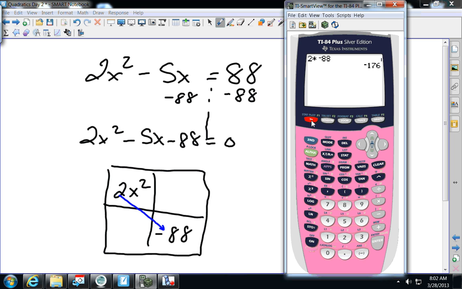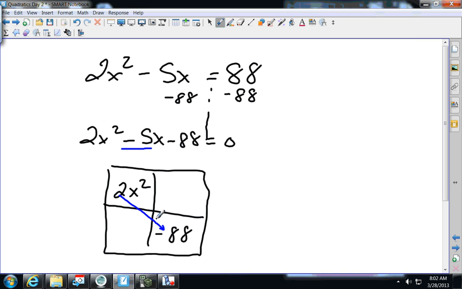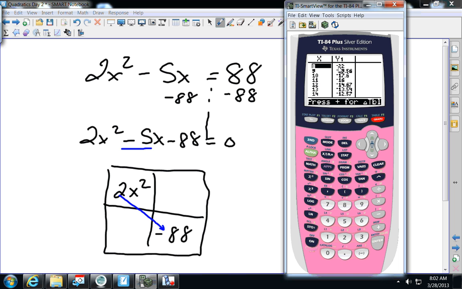So I'm going to go in the calculator and put negative 176 divided by x. You multiply those two numbers and put it in there. Now, second step, I need the factors that add up together to give me negative 5. Those two right there, I just happen to be on 8. What is that? That's negative 14. There we go. I just happen to be up high enough. It's 11 and negative 16.